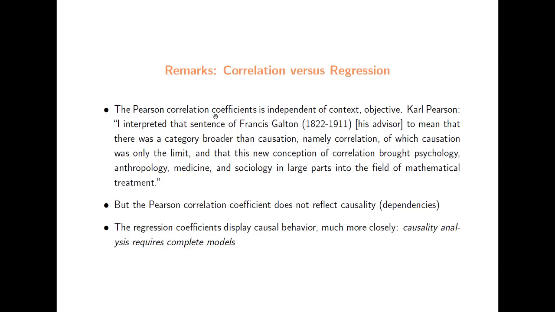So he hoped that this was more of a scientific measure, whereas the regression, of course, depends on what other factors you're also considering. But as we discussed, that can be quite important if you want to discover true causal dependencies. And of course, the analysis of causality on observed data is a big topic on its own, but this issue with confounding factors is absolutely central to this analysis.